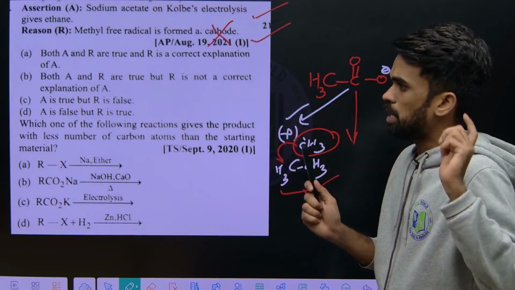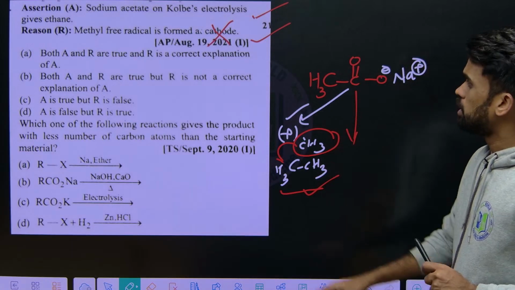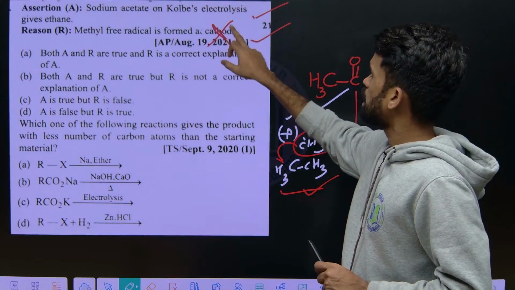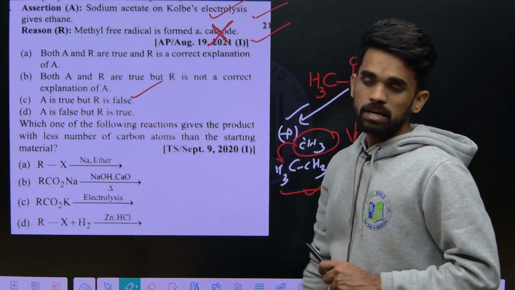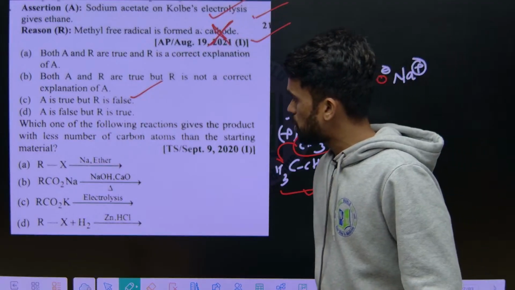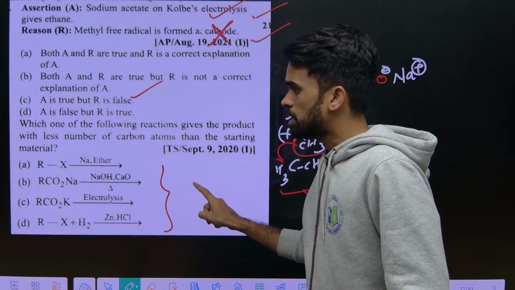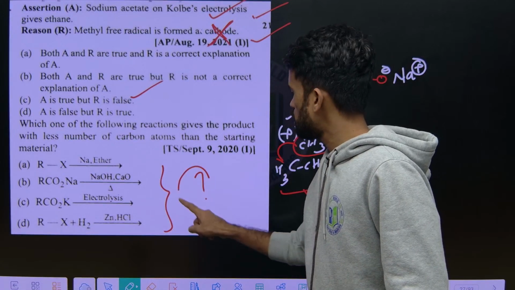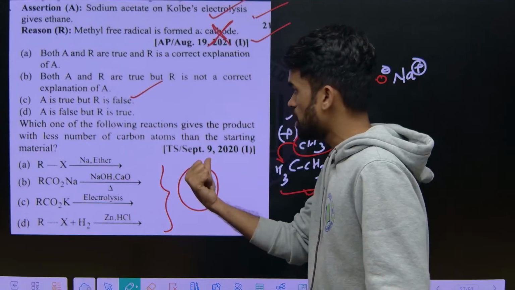Just double the number of carbons, that's it. So this is at the anode only. It means the reason is incorrect, the assertion is correct. So A is true, R is false, and option C will be your perfect answer. This question we discussed in the last class. So just try to solve it. If you are unable to answer, do not worry, just go and watch my previous session on hydrocarbons.